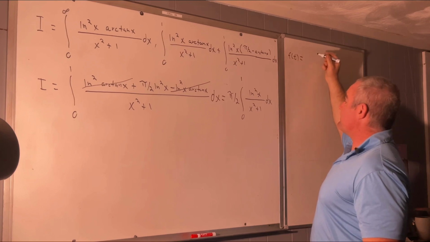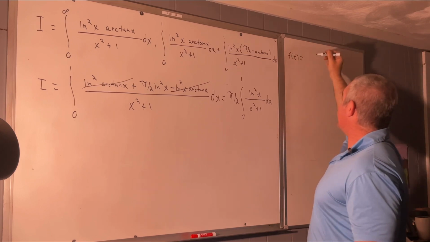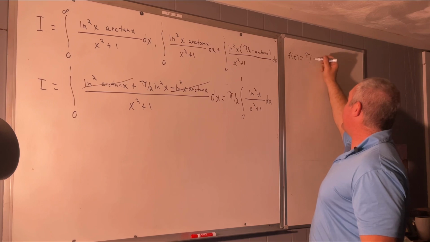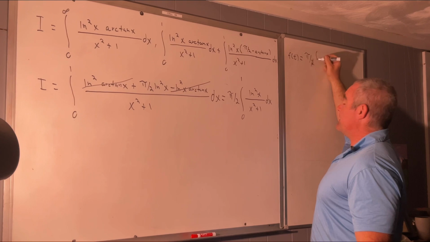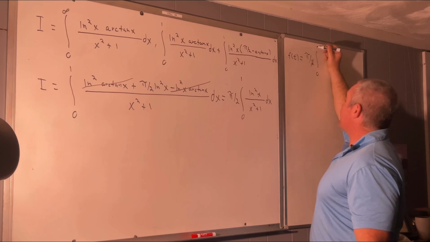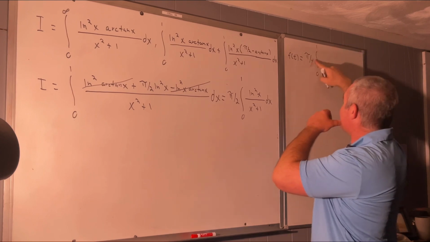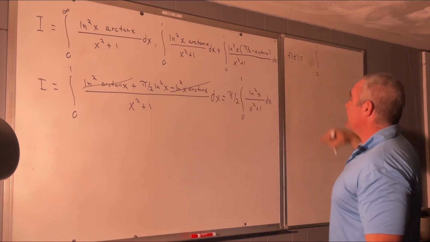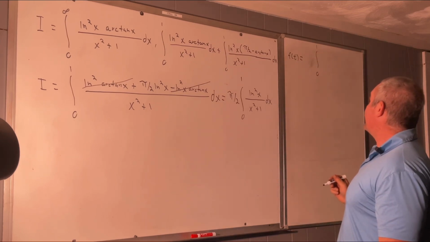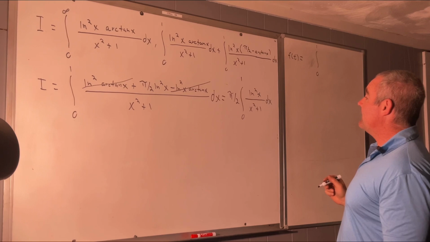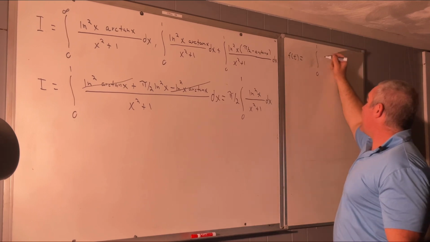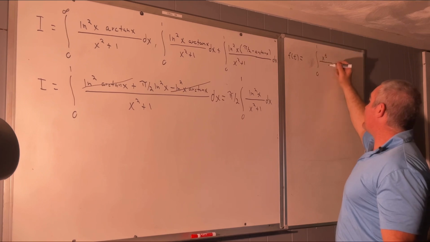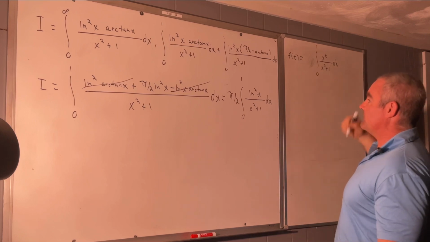We'll create a function of t that's equal to pi over 2 times the integral from 0 to 1 of, let's get rid of that pi over 2. We'll just say it's equal to the integral from 0 to 1 of x to the t over x squared plus 1 dx. All right.